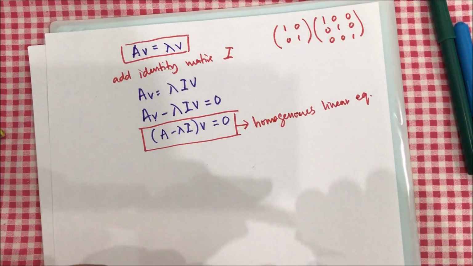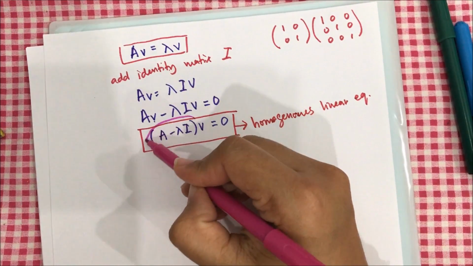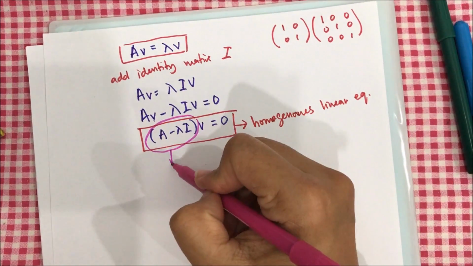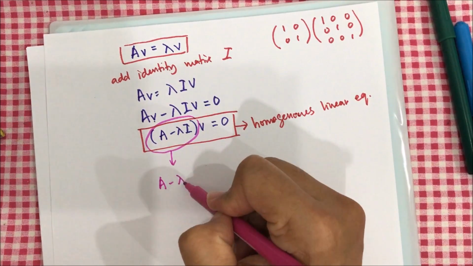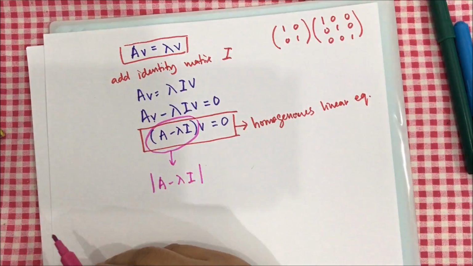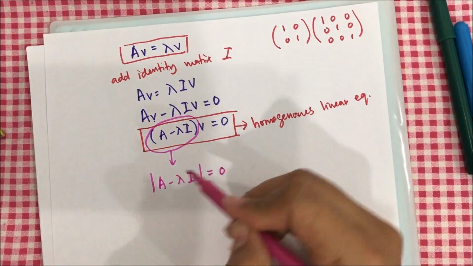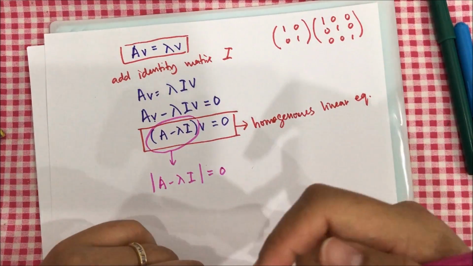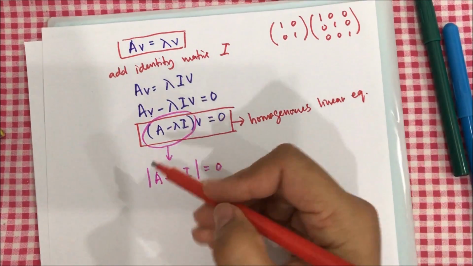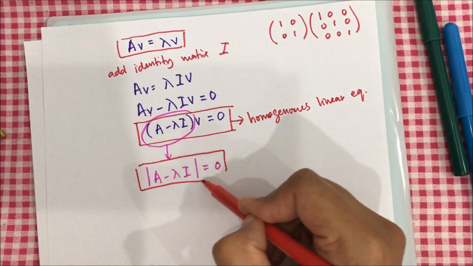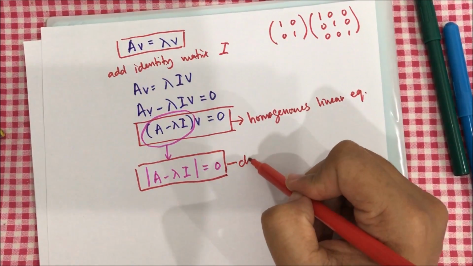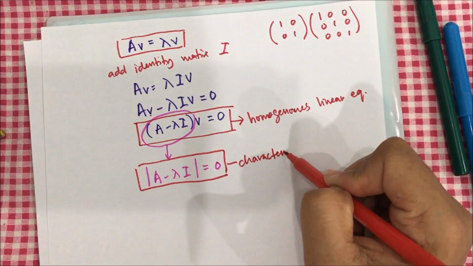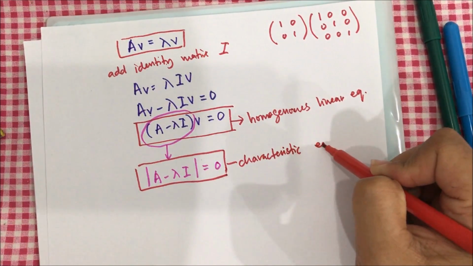And then this one, the determinant of A minus lambda I equal to 0, we call this equation the characteristic equation.